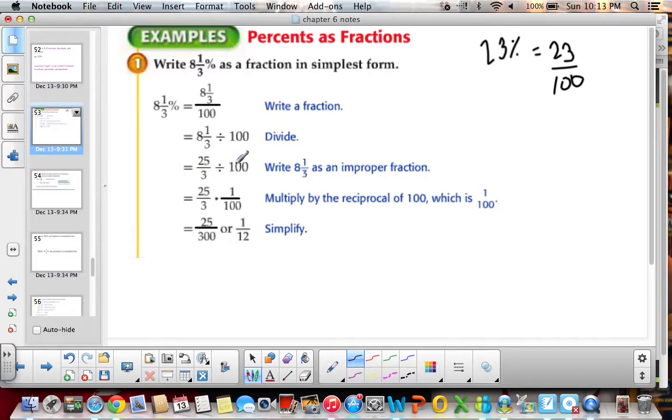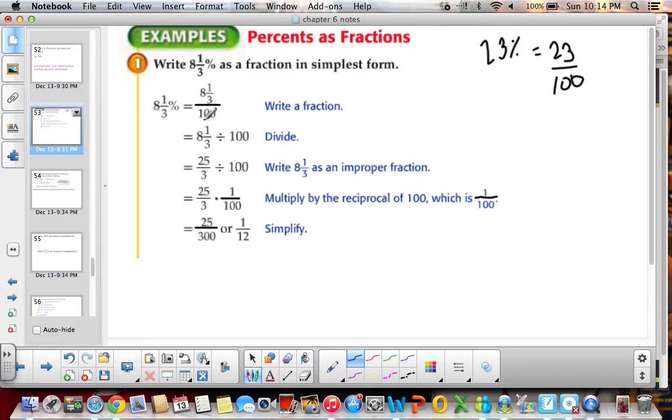And now we know that if we are dividing by a number, it's the same as multiplying by the reciprocal, or the multiplicative inverse. The reciprocal of 100 is 1 over 100. So we have 25/3 times 1 over 100. And then 25 times 1 is 25. 3 times 100 is 300. So 25 300ths. And then we simplify to 1/12.